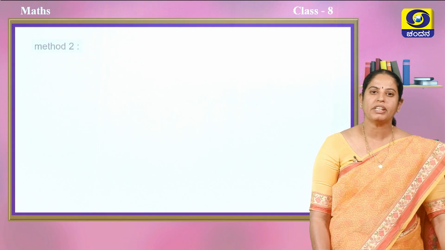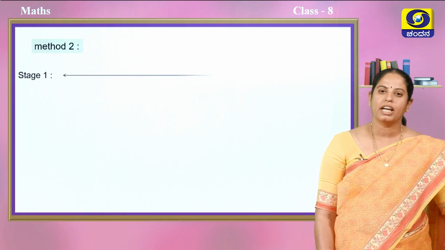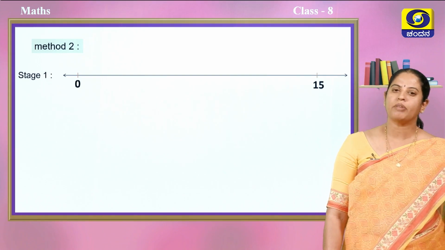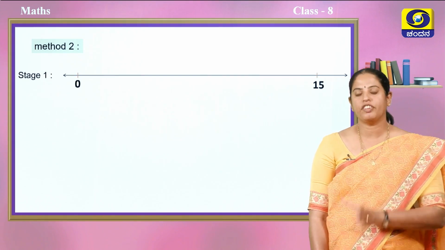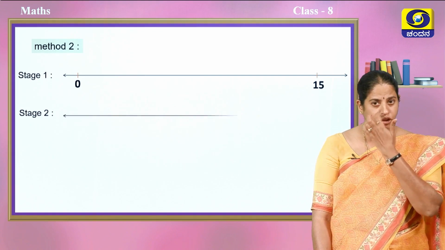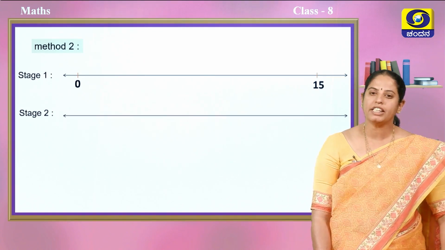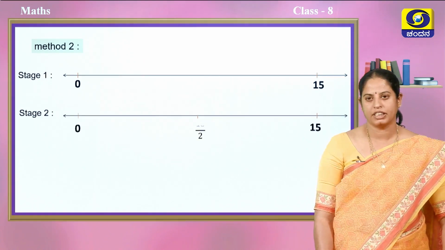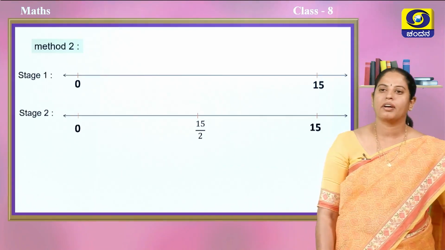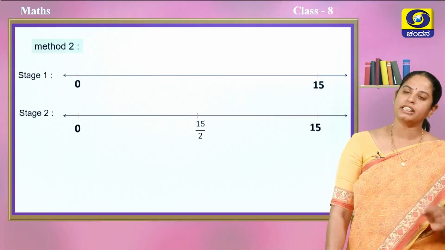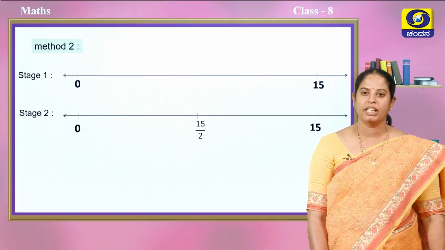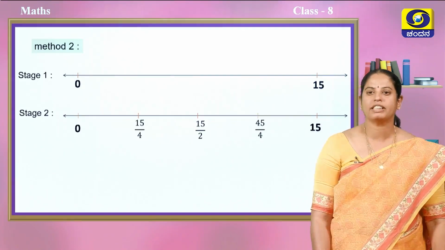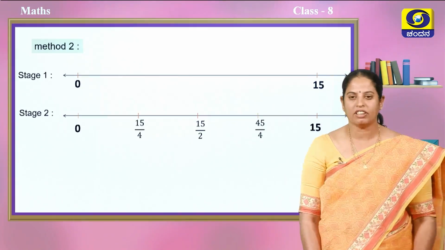Okay. In method 2, what I am doing? In stage 1, I marked 0 to 15. This 0 to 15 is divided into two equal halves. Then the part that is marked, the center, becomes 15 by 2. Again, I am going to divide this into two equal halves.